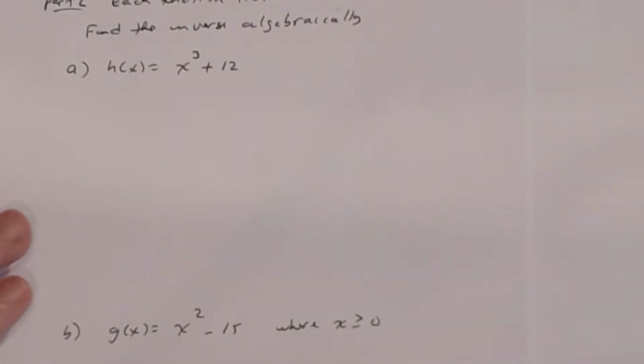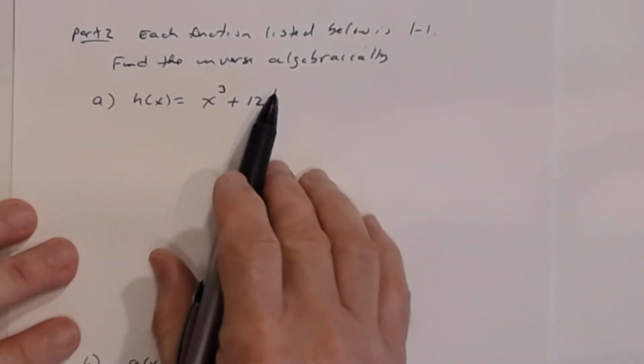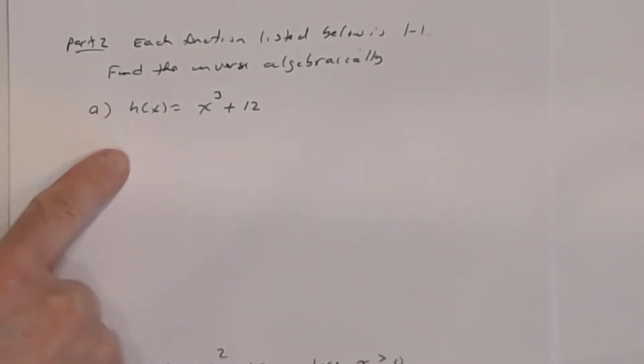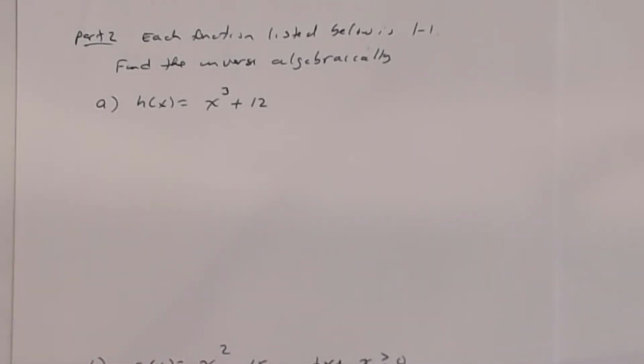Okay, let's go to the next one. Now remember the algebraic part. So now they want you to do this algebraically. It's very similar to those steps you used in previous lessons.